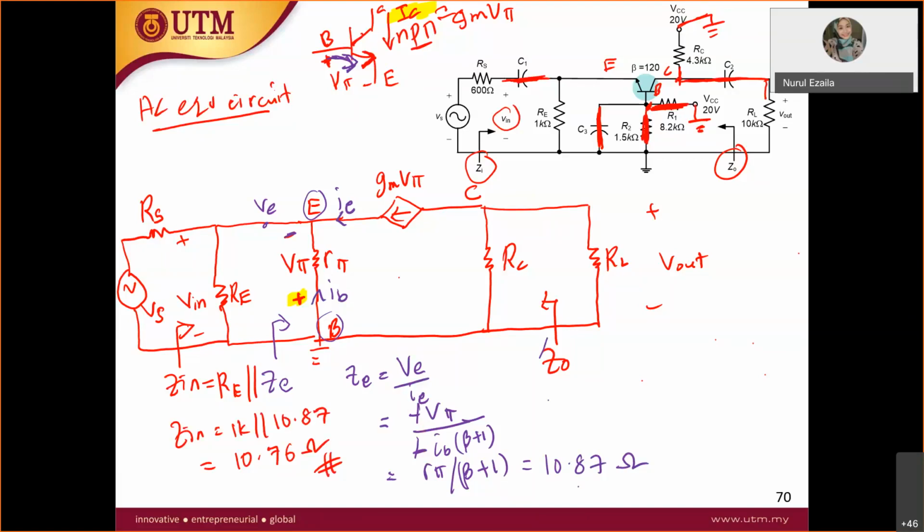Okay, so let's take a look at the Z out. For the Z out, it is approximately equal to the RC, which is equal to 4.3K ohm.